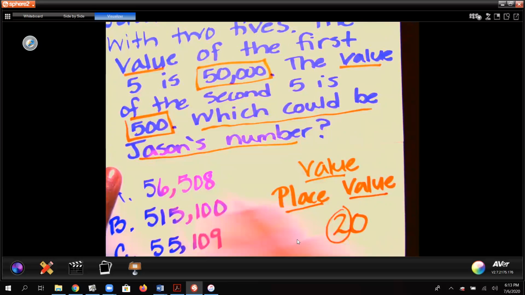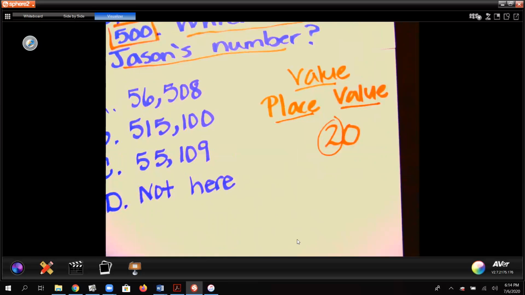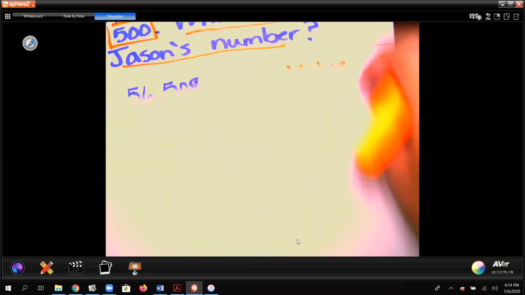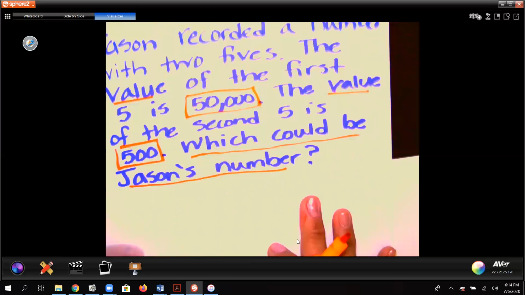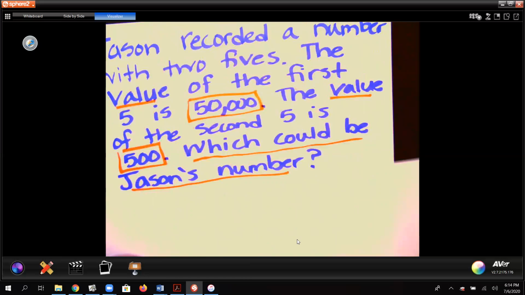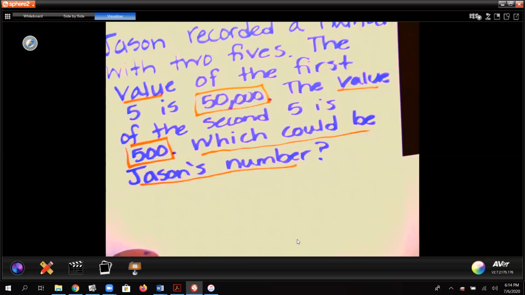So again, we're going to make our little place value chart. Okay, let me get just another piece of paper to put on top. So I'm going to go ahead and put my little chart down here just like we did. And remember, your chart doesn't have to be just like mine. If you prefer little houses, you can do that.